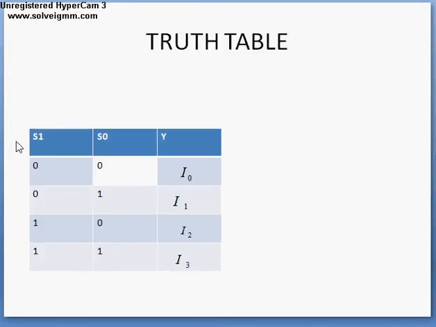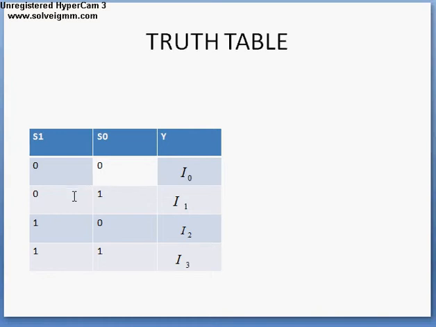Now coming to the truth table of the 4:1 mux. Here is select variable S1 and select variable S0 and output y. Depending on these combinations of the select variables, the particular input will be routed to the output. Here y is the output and I is the input. So I assume that when both the select variables are 0, I0 is routed to the output.